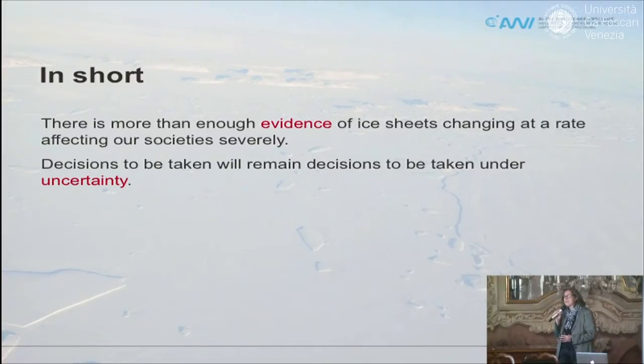We can do projections, but the projections have an uncertainty, for sure, and that will last. So the challenge of making decisions in future will always be this challenge of taking decisions despite having uncertainty.